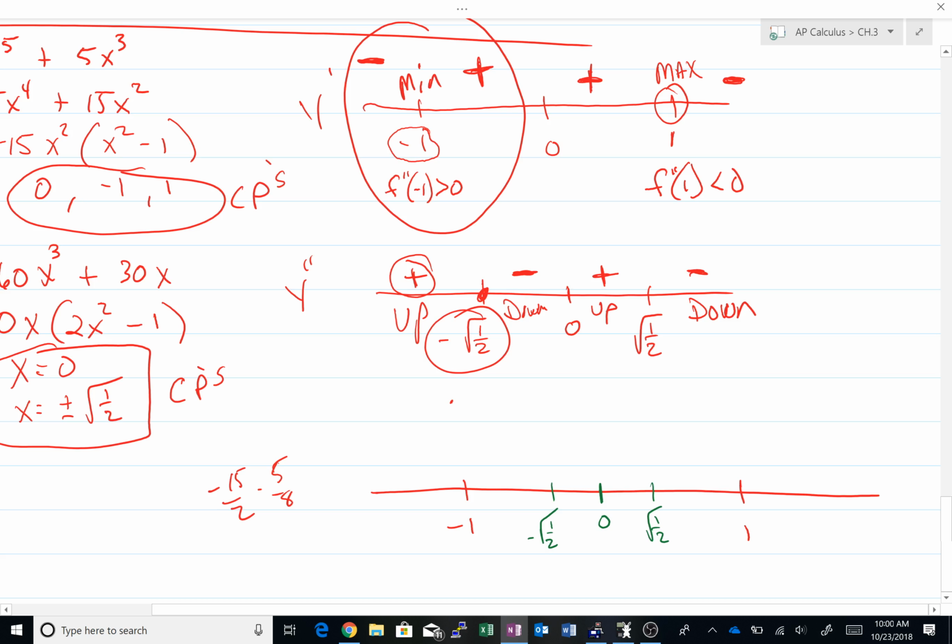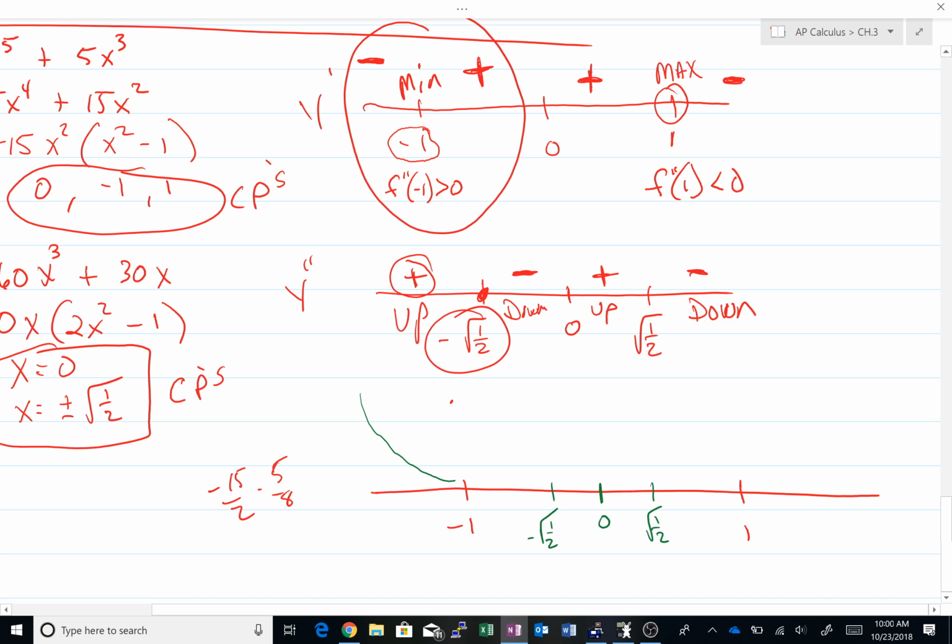My bad. Decreasing, concave up. That's because of the negative right there. So everything left of -1, I'm decreasing, concave up. Now, I'm still concave up all the way over to negative square root of 1/2.